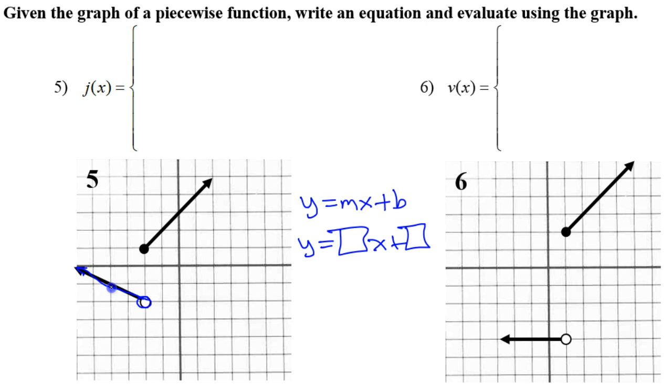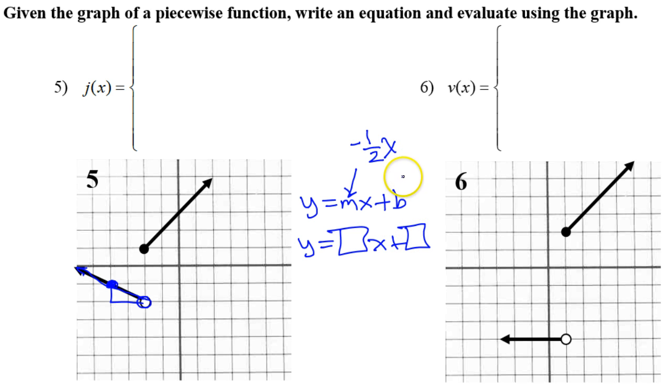Looking at this blue line, as far as the slope, I can see as I go from point to point, it's going down 1 over 2. So that slope, down 1 over 2, that's negative 1/2. So the slope is negative 1/2. All right, so that's going to be negative 1/2 x.